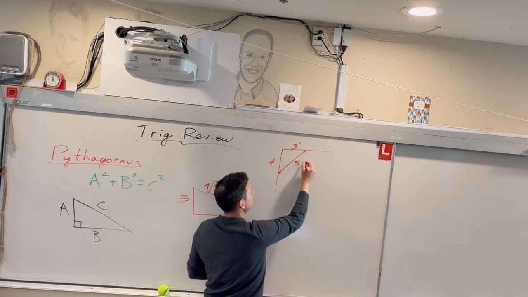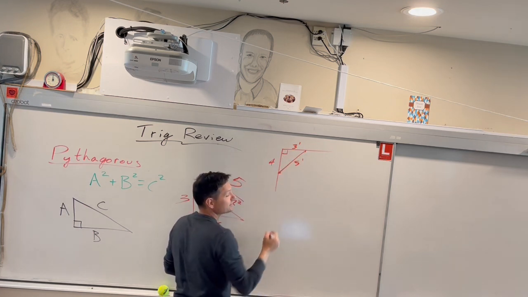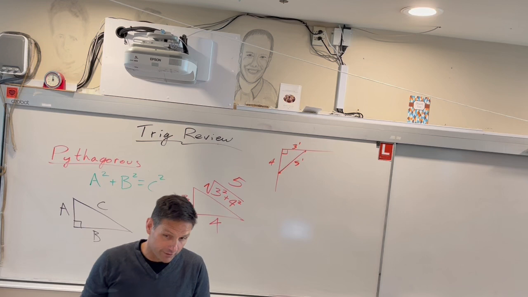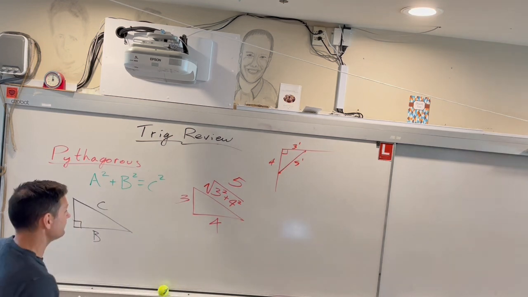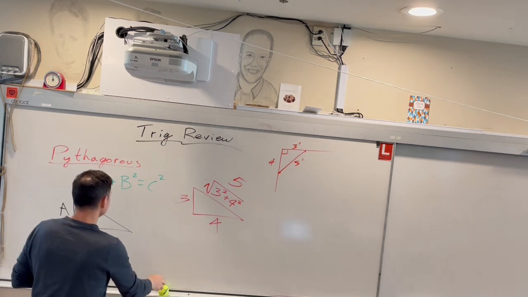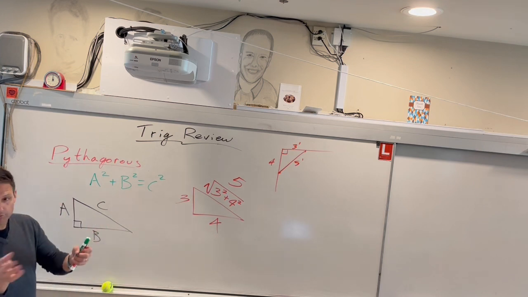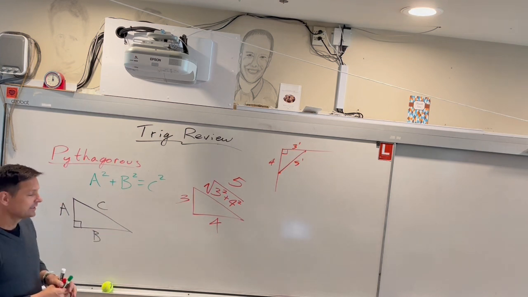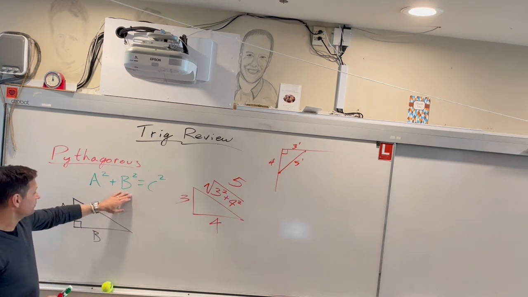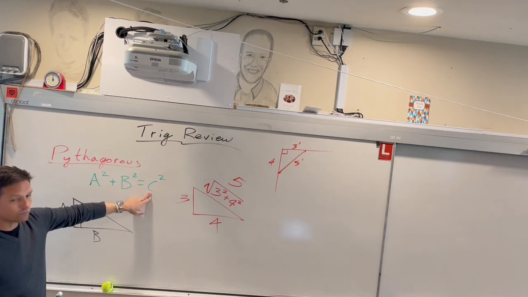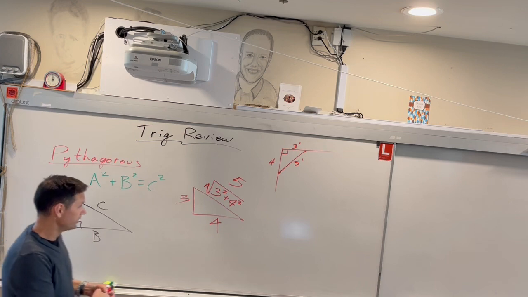And then when this becomes 5 feet, you know that is a square corner. So that's used a lot. 3, 4, 5 triangle. It doesn't have to be 3, 4, 5. It can be anything. But the sum of the squares of these two sides will be the square of the hypotenuse. Okay, that's Pythagoras.